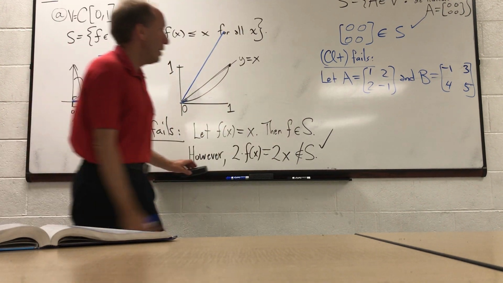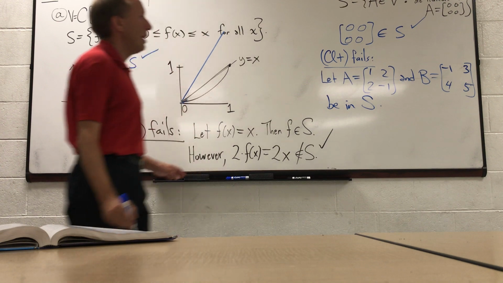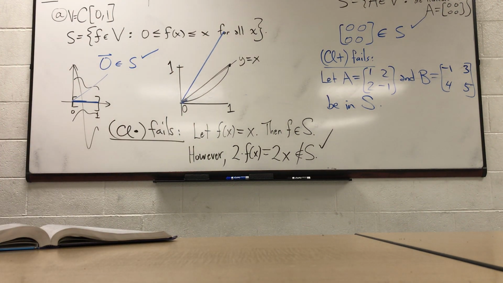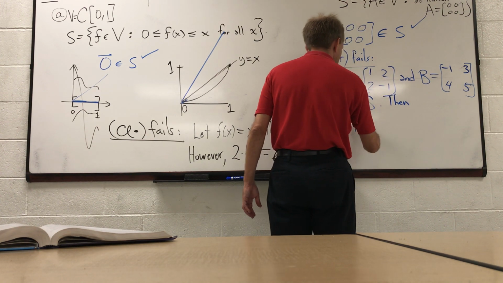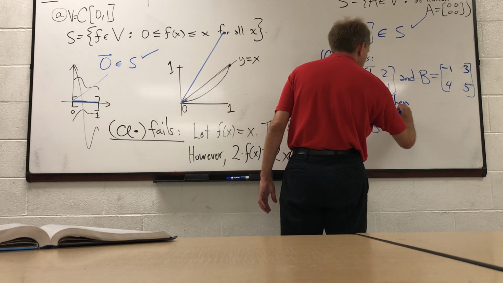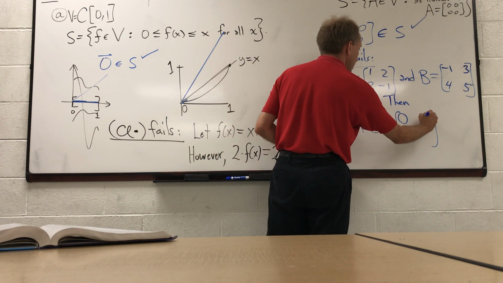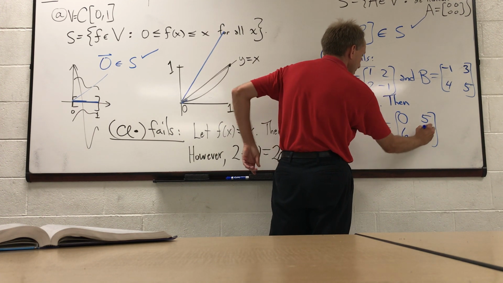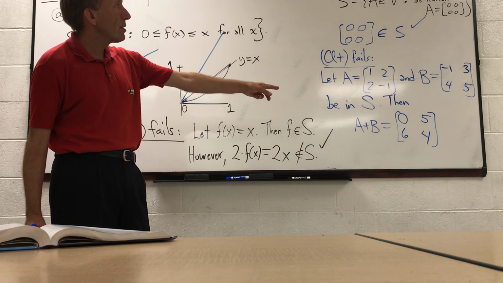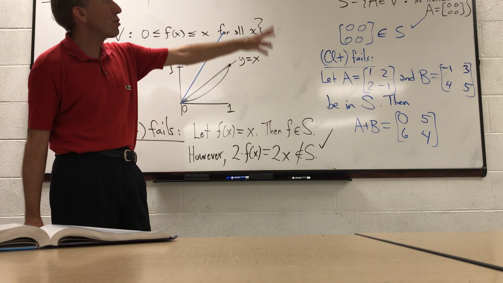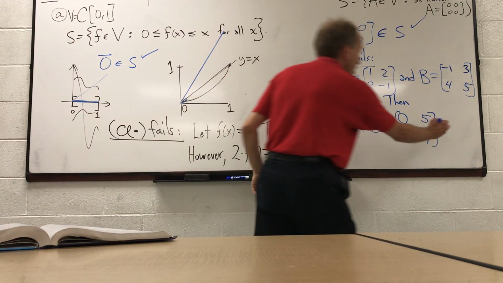So both of those are in S. So we'll just say that A and B are in S. And then I'm going to look at A plus B. A plus B, when I add them up slot by slot, the upper left corner becomes 0. And then I get a 5 and a 6 and a 4, right? And that matrix, it's not true that all of its entries are non-zero. And so this is not in S.